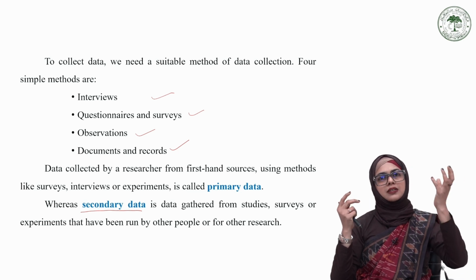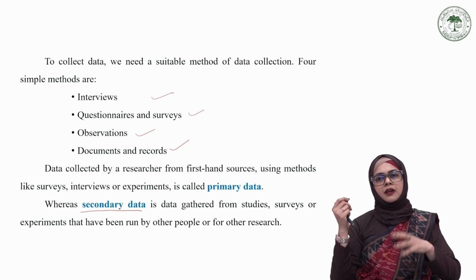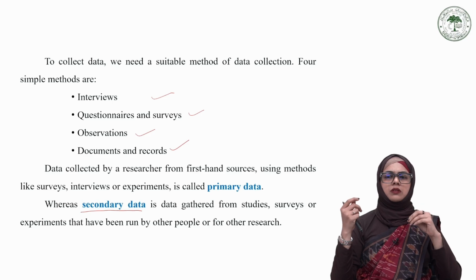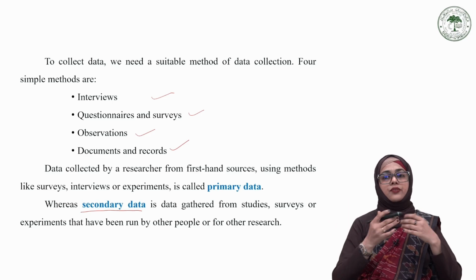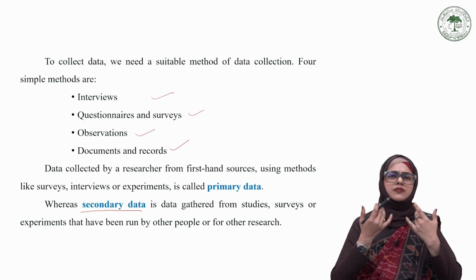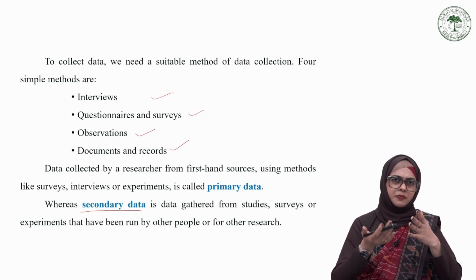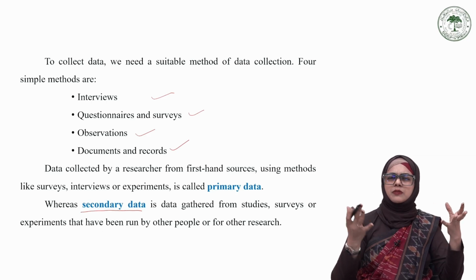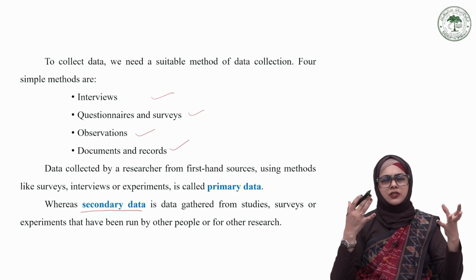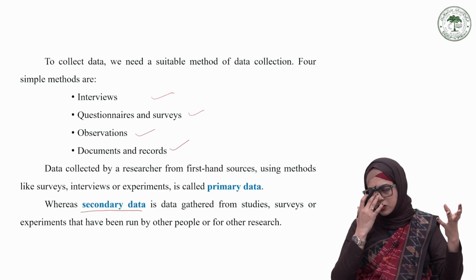The advantage of secondary data is that it saves time, effort, and expense, because you're not doing something right from scratch. You're getting ideas from other surveys, other documents, and research papers being published. So it is time saving.